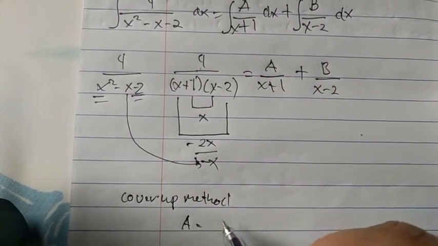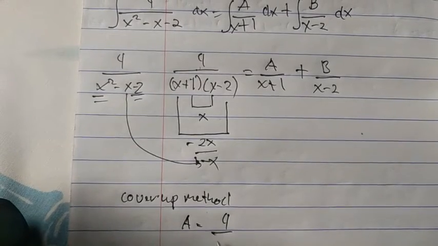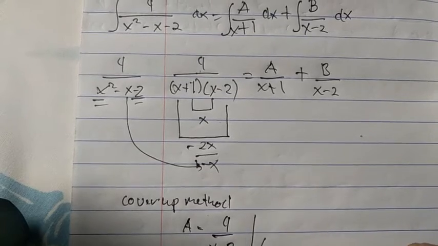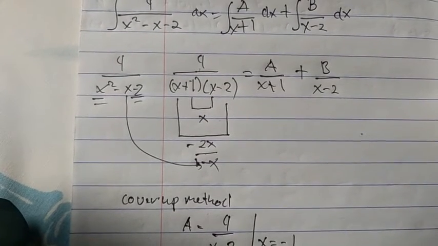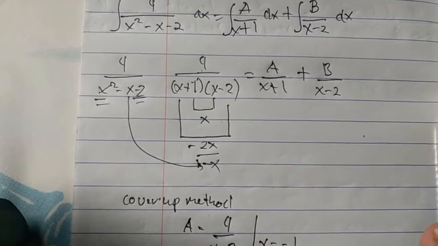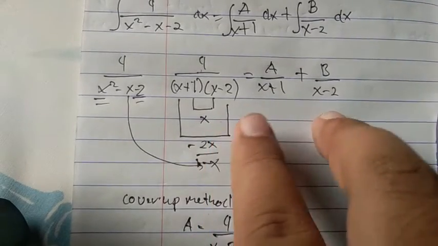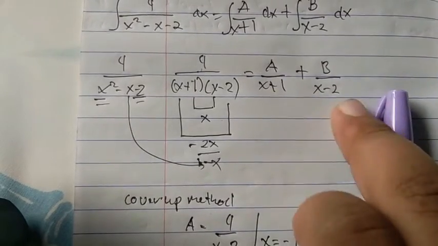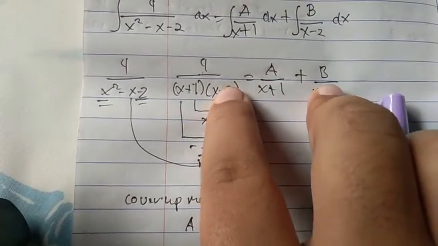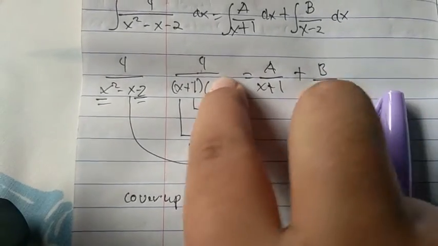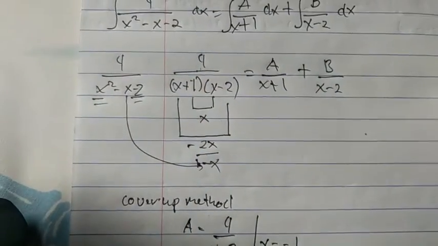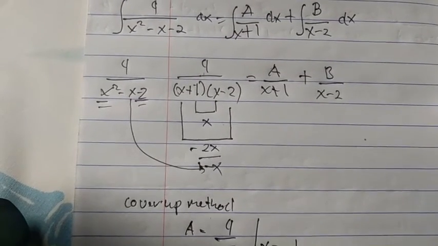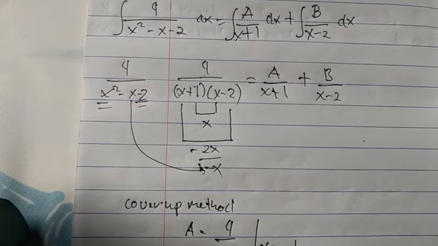Our a will be 4 over x minus 2, with the limit x equals negative 1. Then for the b, we cover up the x minus 2, and the left is 4 over x plus 1.